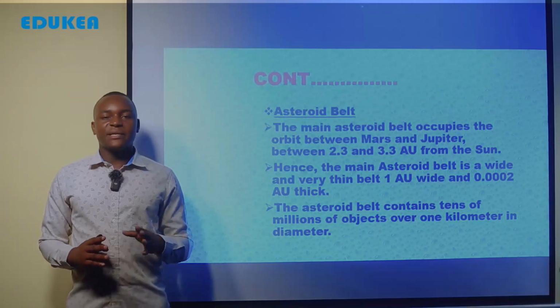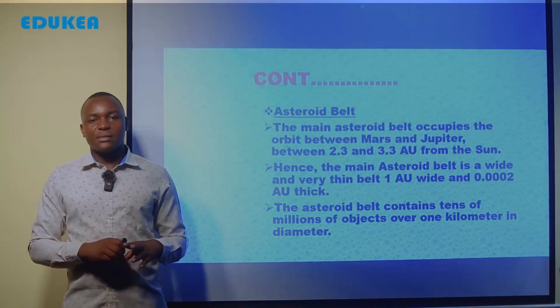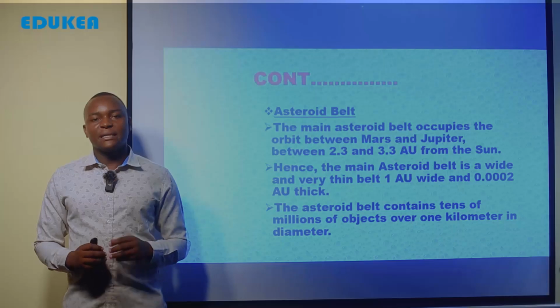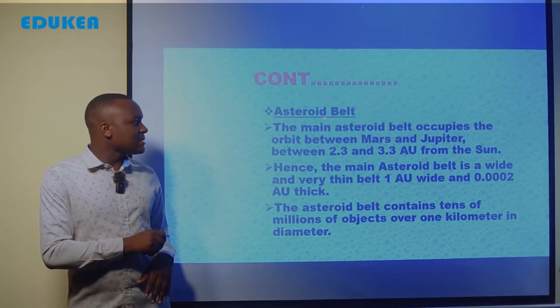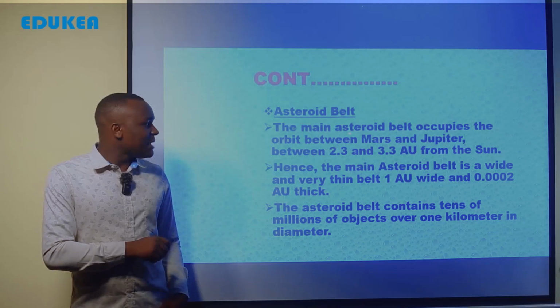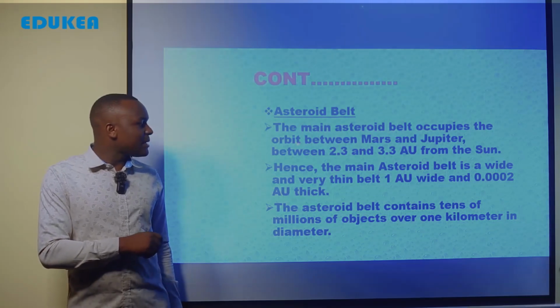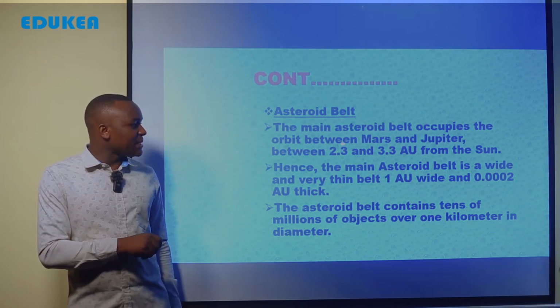Now let's come to look at the asteroid belt. We say that the main asteroid belt occupies the orbit between Mars and Jupiter, between 2.3 and 3.3 astronomy unit from the sun.